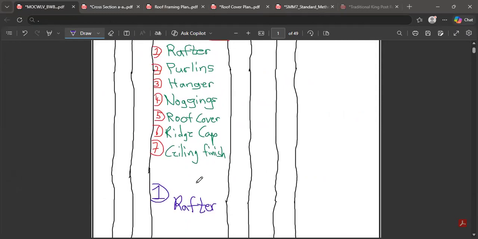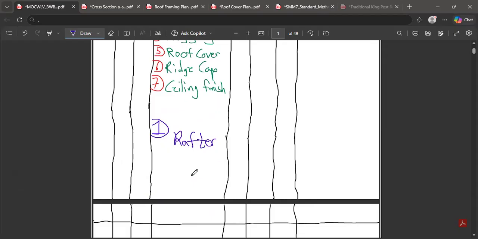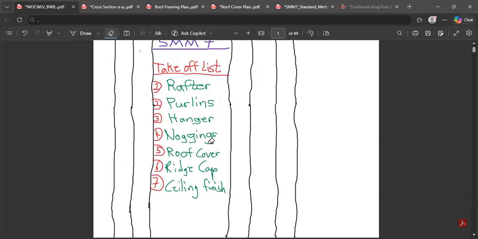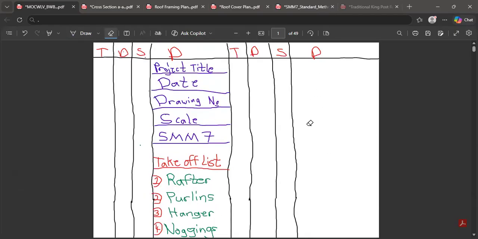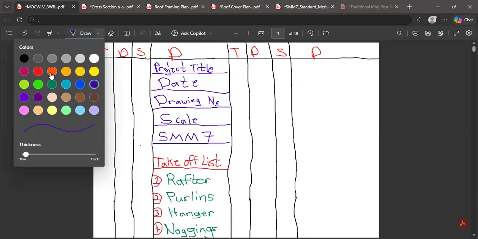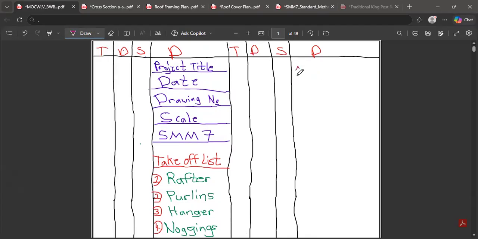Or if we like, maybe because in the future we may choose to add more details, we can even choose to start our calculation at the right hand side, so that if we choose to add more takeoffs, we don't face any challenge. Okay, so let me write over here. This is the one. So we wanted to start with the rafter.